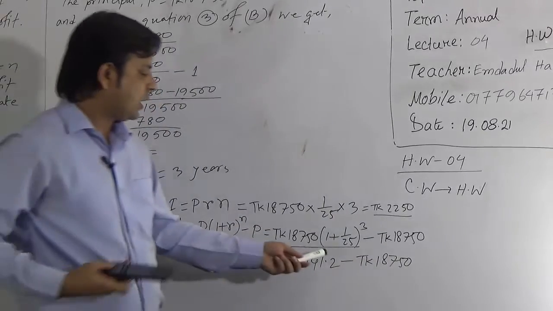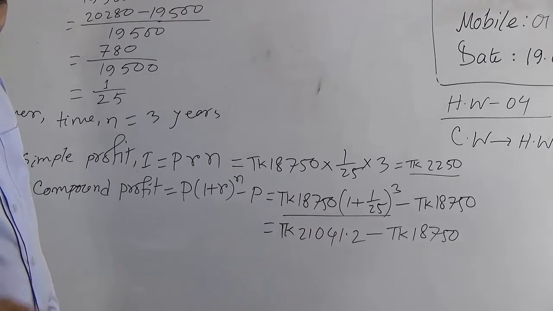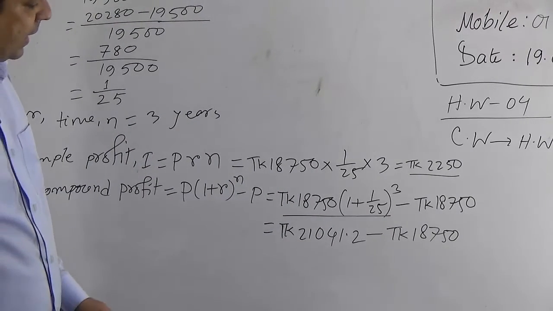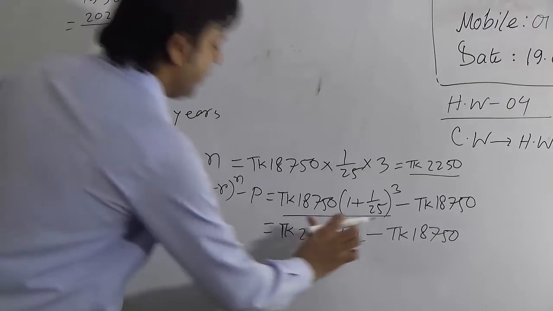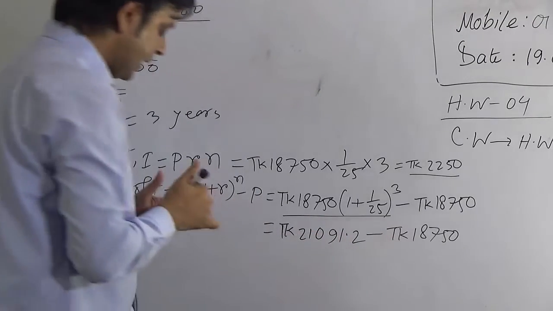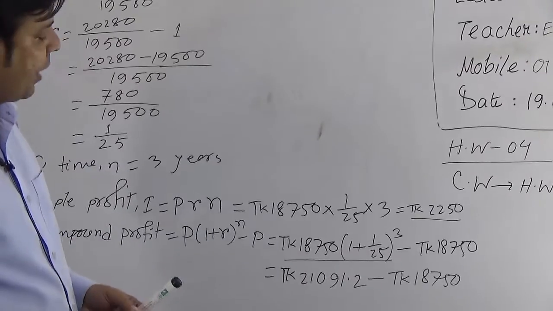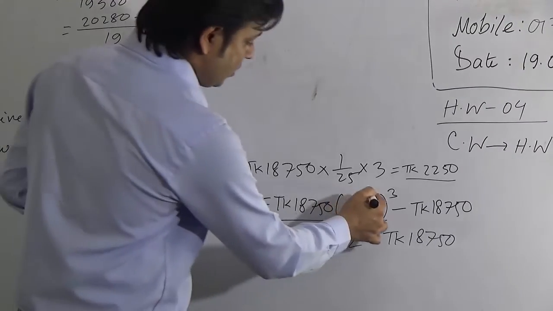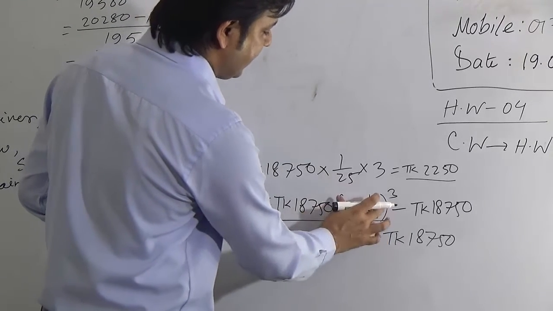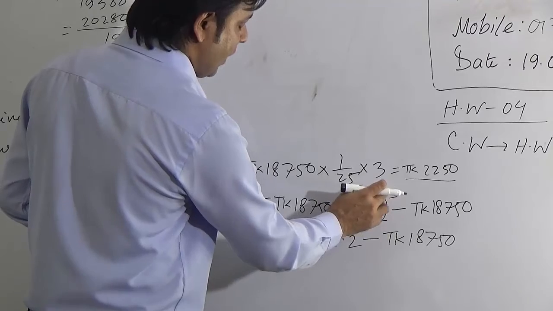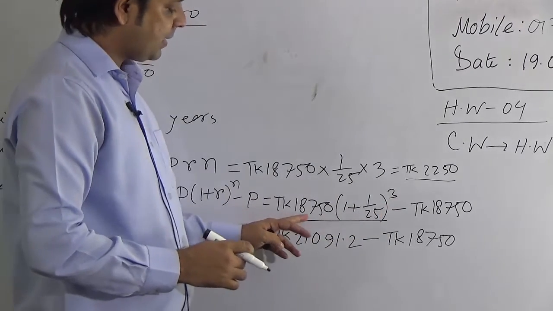At first, 1/25 means 0.04. This will be 91, not 41. Add 1, this will be 1.04, and then multiply 1.04 three times, and then multiply the product by 18750.